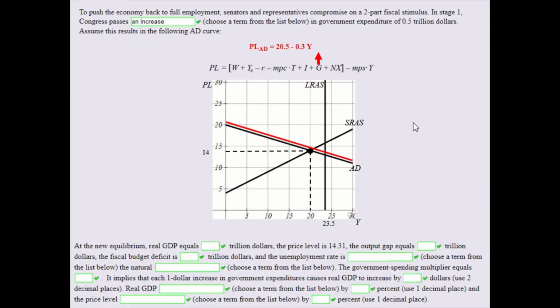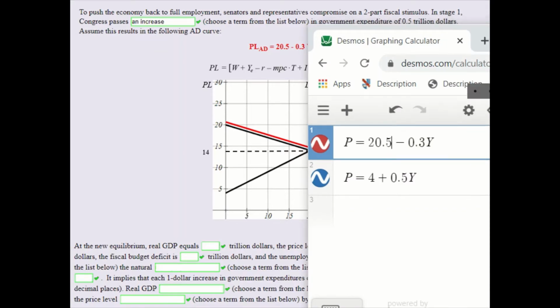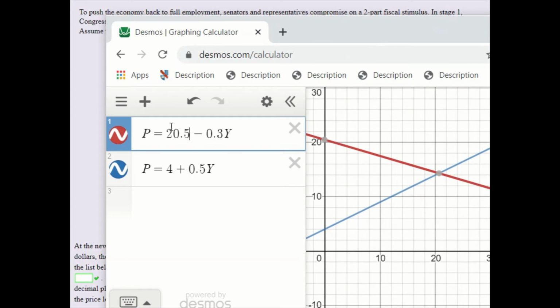Okay, so we want to calculate the new value of GDP. We use Desmos, right? Use Desmos here. The new aggregate demand curve is this red line. The old one was 20 minus 0.3y, right?